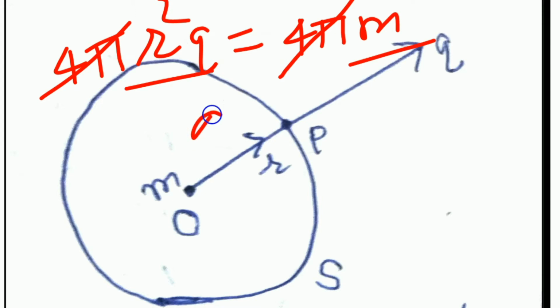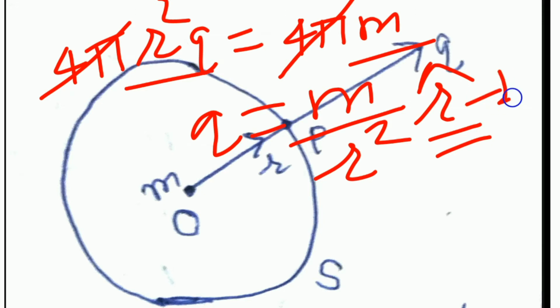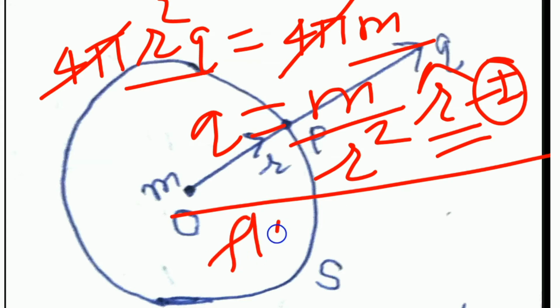So what is q? q is equal to m upon r square, or this q is equal to m upon r square r cap. Here this r cap is the unit vector. Suppose this is number 1, which is the fluid velocity.